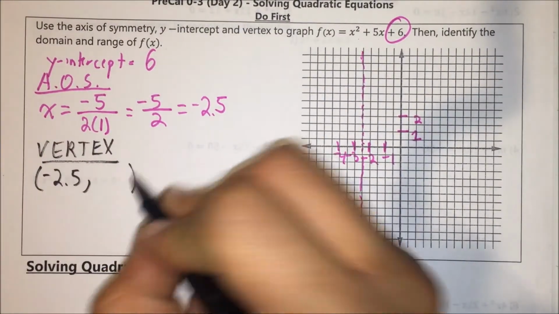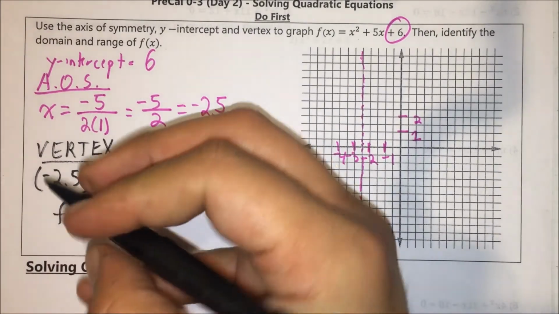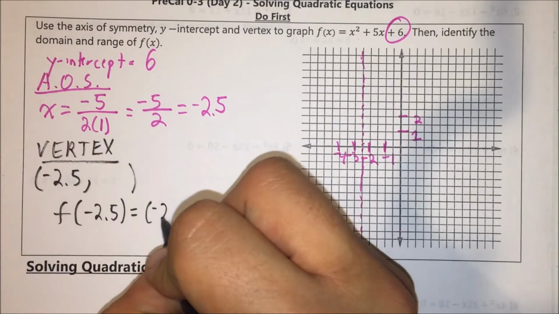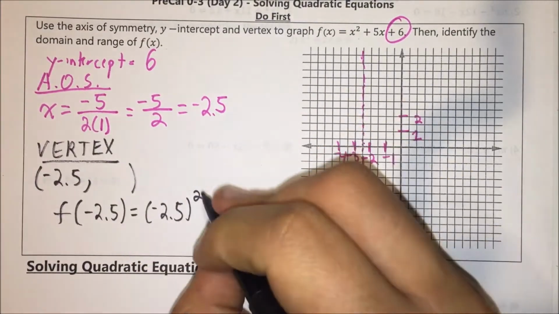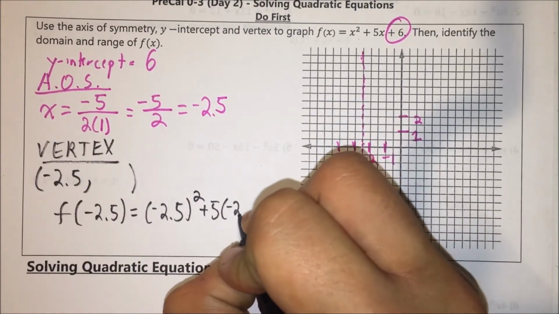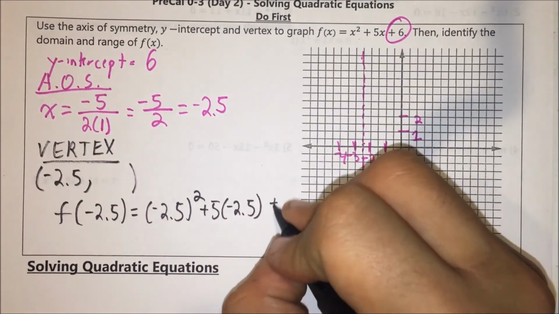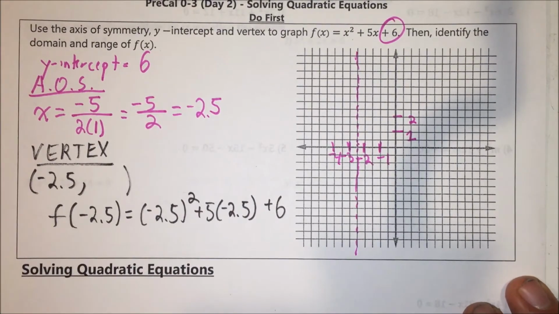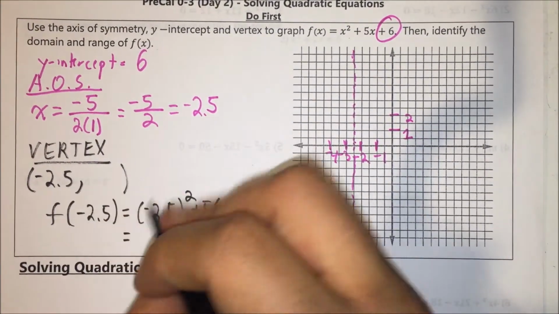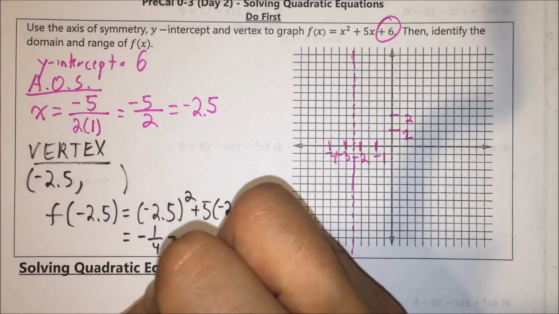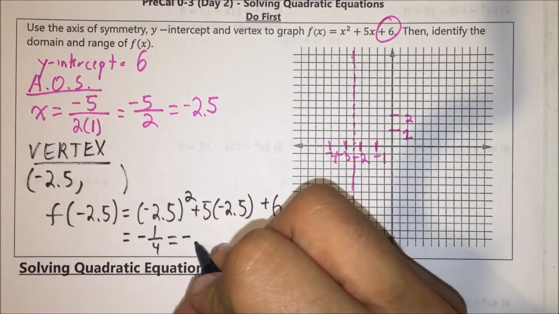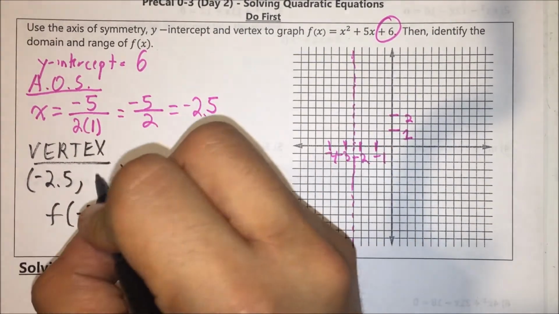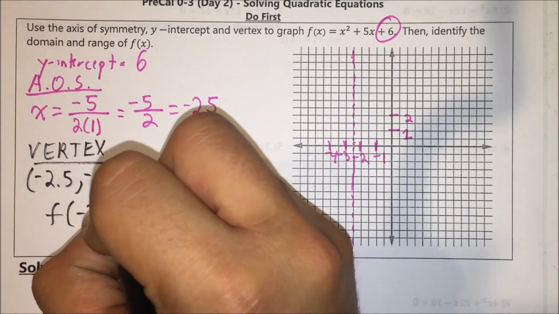And for the y, let's just plug it in. f of negative 2.5 is equal to negative 2.5 squared plus 5 times negative 2.5 plus 6. We can just enter that into our calculators, and that's going to give us the fraction negative 1/4, but the decimal will be negative 0.25. I'll put the decimal up here since we did the x value in decimals.